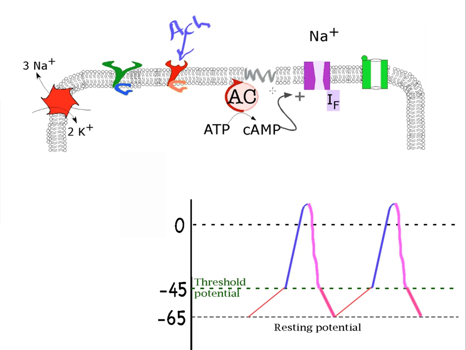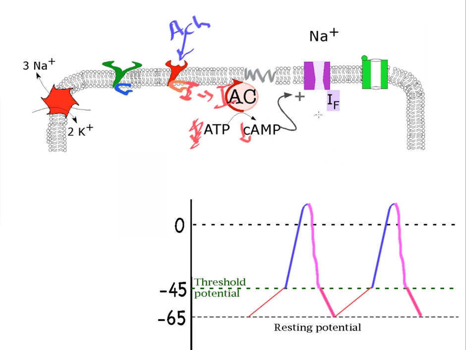When it's delivered, the receptor for acetylcholine will release the inhibitory G protein subunit. When that inhibitory G protein subunit is attached to the adenylate cyclase, it's going to decrease the rate of enzyme activity, meaning that less cyclic AMP is being generated.